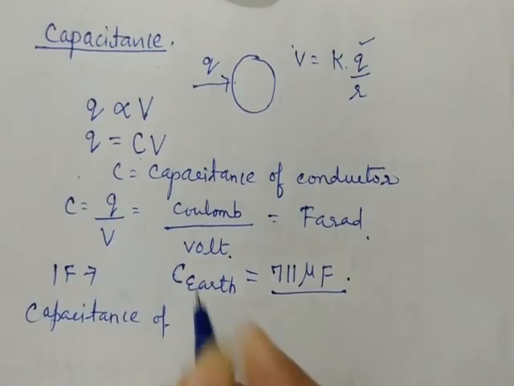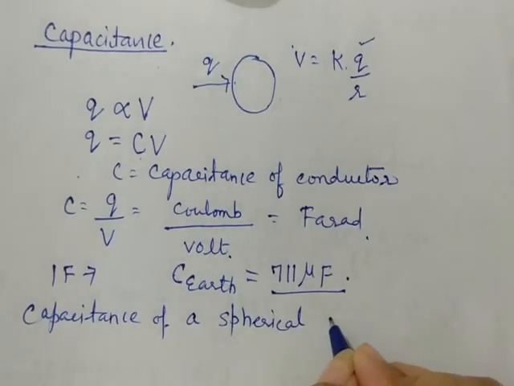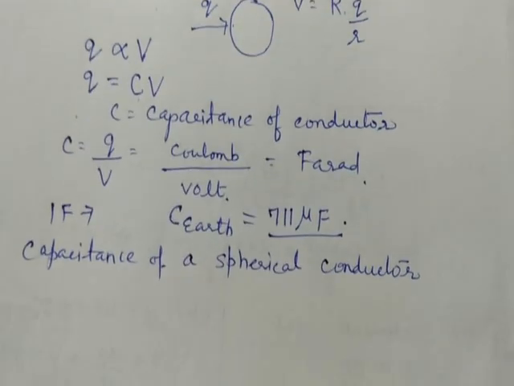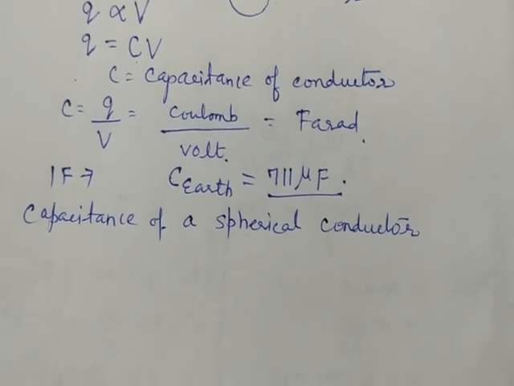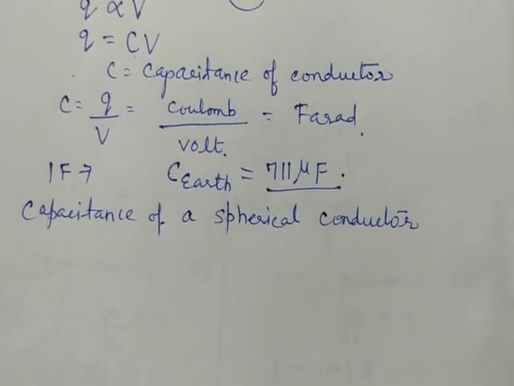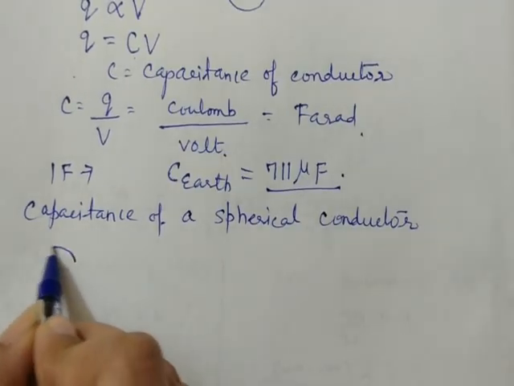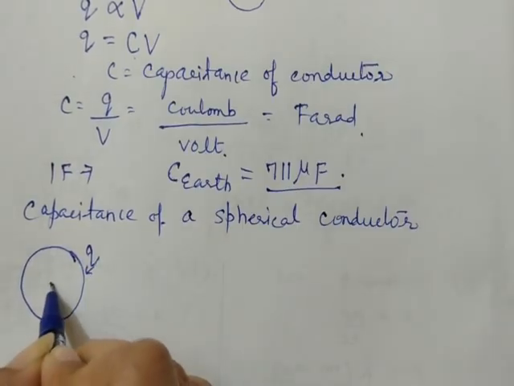Capacitance of a spherical conductor. How do we measure this? We have a spherical conductor, suppose, and Q charge is supplied to it.